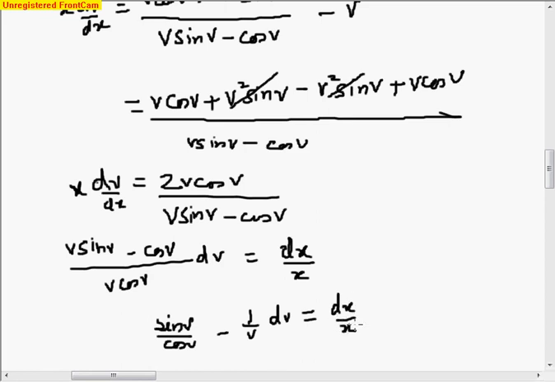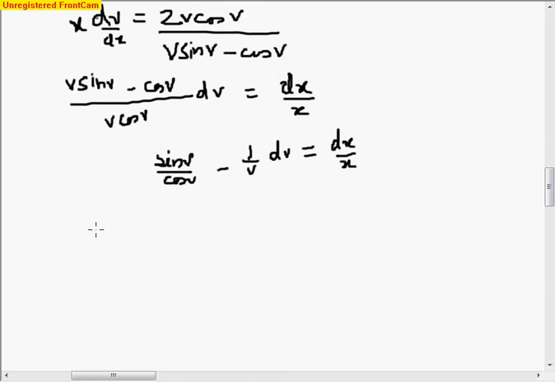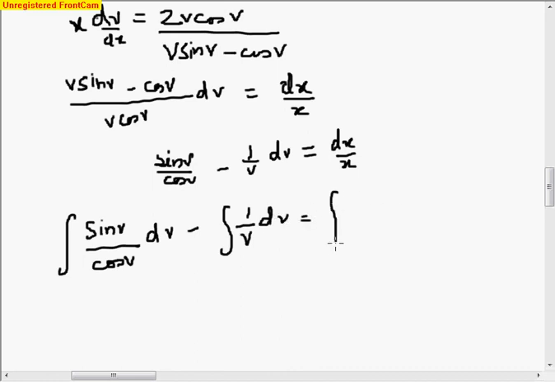Now I can integrate this thing. I can integrate both sides of the equation. I will get integration sin v upon cos v dv minus integration 1 upon v dv is equal to integration dx upon x plus a constant of integration. What is this? This is log of secant v.